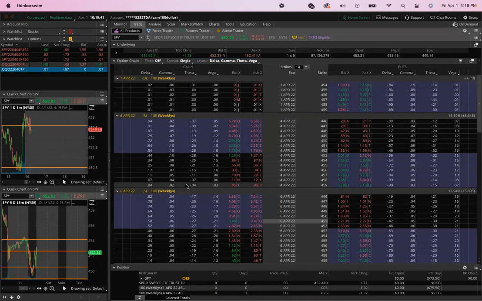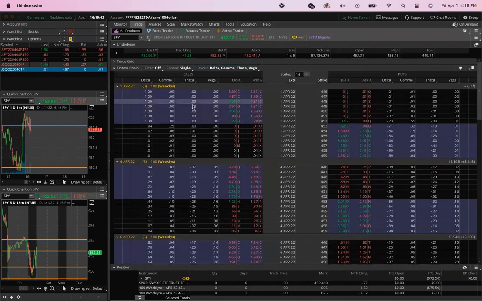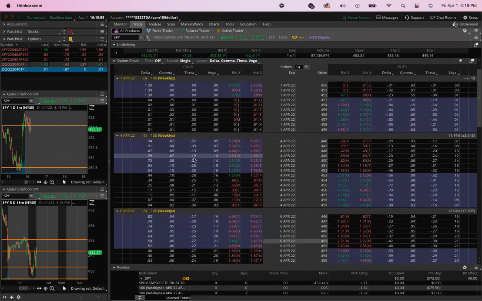So obviously, these theta numbers right here are all 0 because time has run out. These options are now either expired out of the money or expired in the money. These were options from today. They expired 4 minutes ago. These options expire on Monday, so you can see the theta here. For this 453 call, we have a theta of 28, or 0.28.